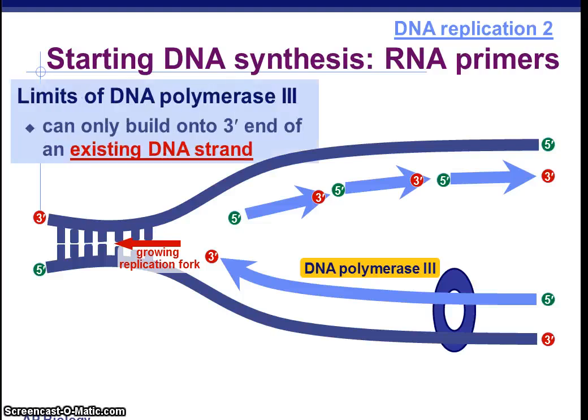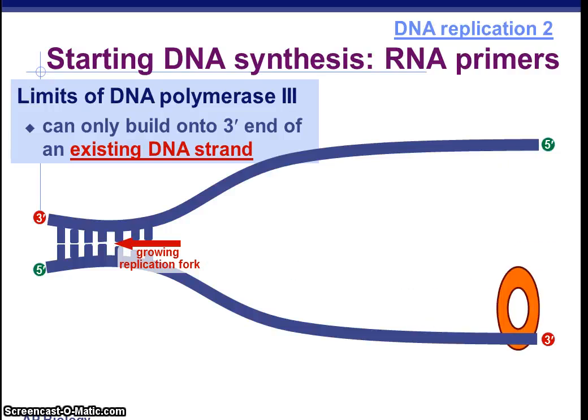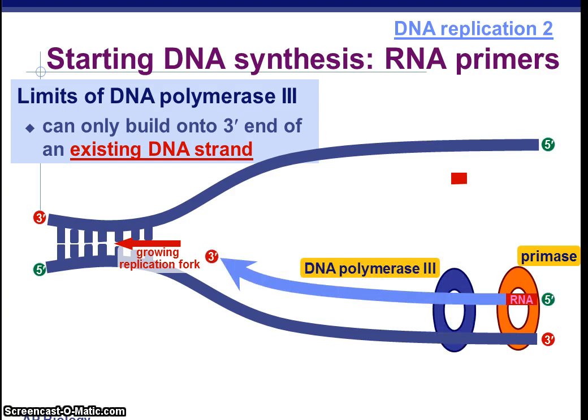So to start this whole thing off, we need RNA primers. You get something called primase, and it's going to help get to that DNA polymerase. So that primase is that little red piece over here.